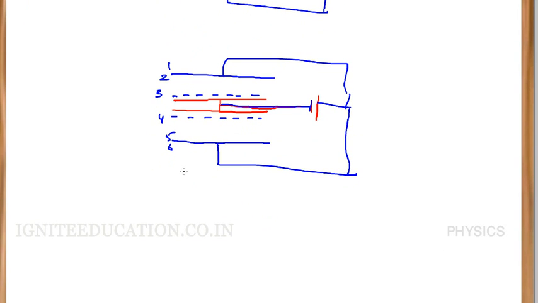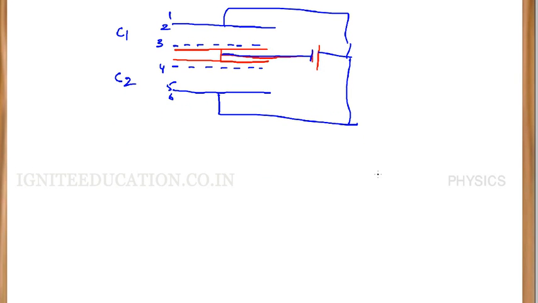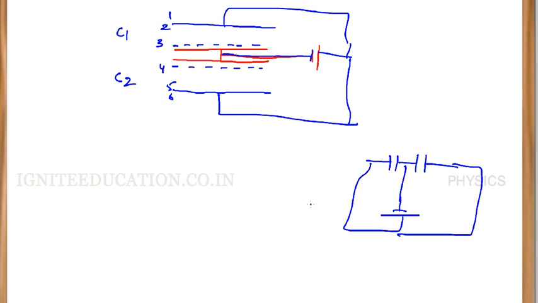So if you see, there are two capacitors connected in parallel with a battery like this. It means those two are connected in parallel.